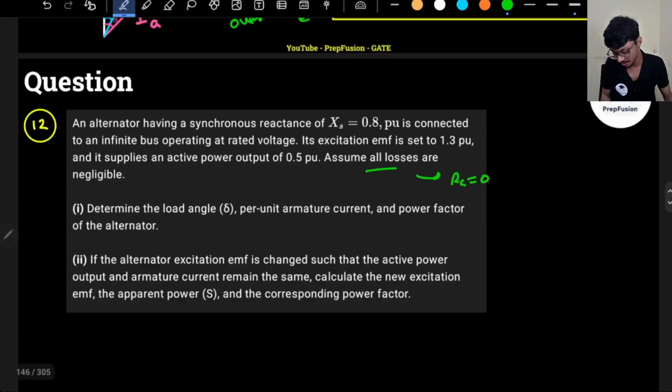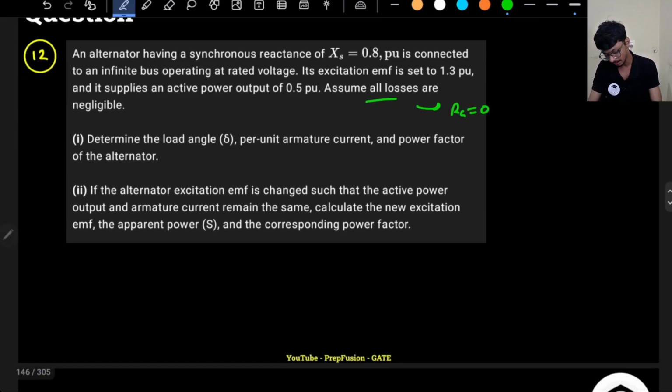Now they are asking what is the armature current. How will I find the per unit armature current? Again the same equation.